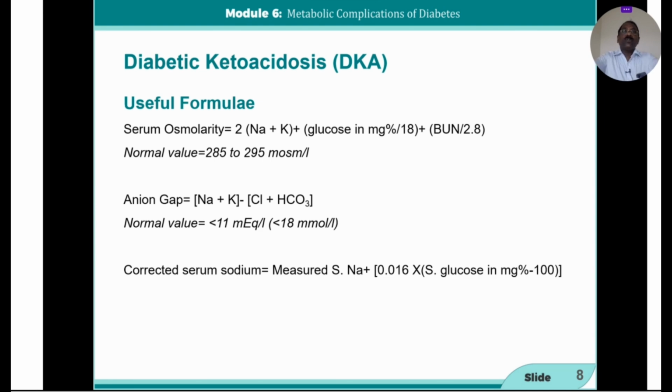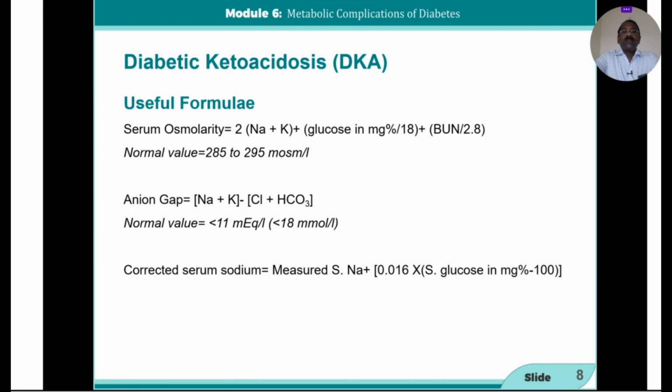Suppose here the sodium is 135 and your potassium is 4.5. So what is 135 plus 4.5? 139.5. So 139.5 into 2, maybe 280 or 278.